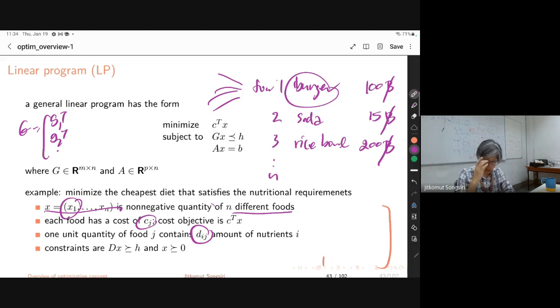Dij is going to be the amount of nutrient i that you get from food j. So the nutrient can be something like carb, fat, vitamin and so on. Okay.